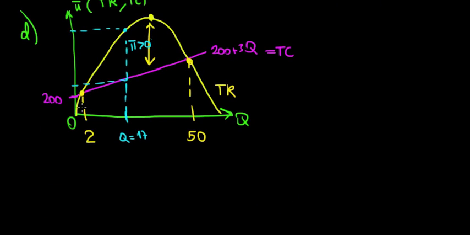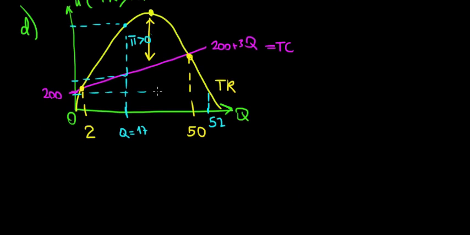And on these parts, from 0 to 2 and above 50, it's the opposite. The total cost is higher than the total revenue. Let's take this point, let's call it 52, for instance. At the point of 52, the total revenue is just over here.